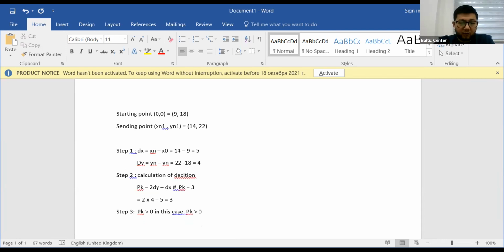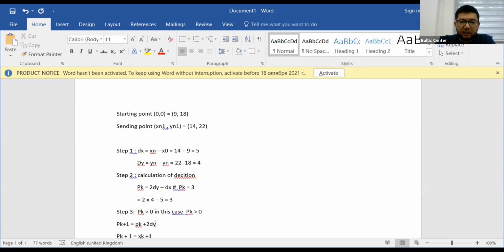Okay. How the formula for step 3 works is that pk plus 1 equals xk plus 1. Actually, I forgot to mention that there is one more formula you have to take care of: pk plus 1 equals pk plus 2 delta y.